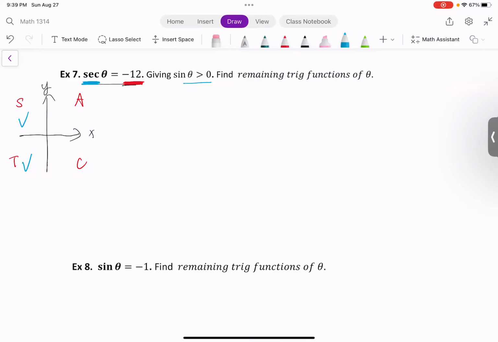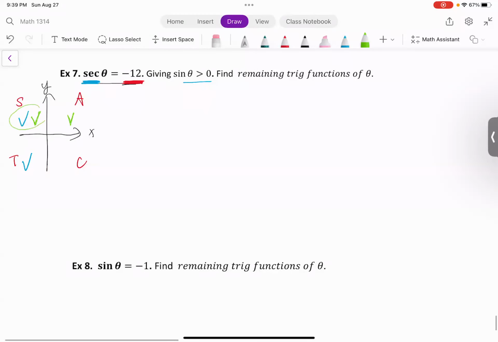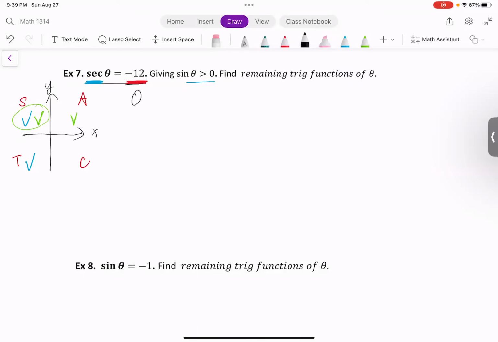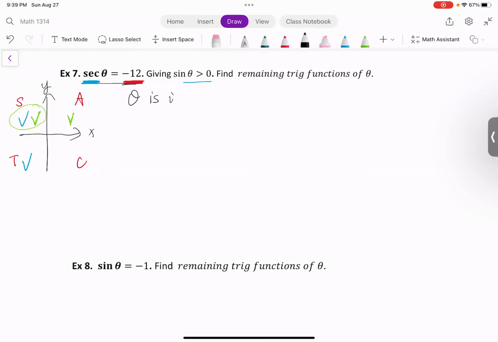Sine positive is in the first quadrant and sine positive in the second quadrant. That means I need to satisfy both conditions. So theta is in quadrant 2. All right, we got this information. We can find the remaining trig functions of theta.